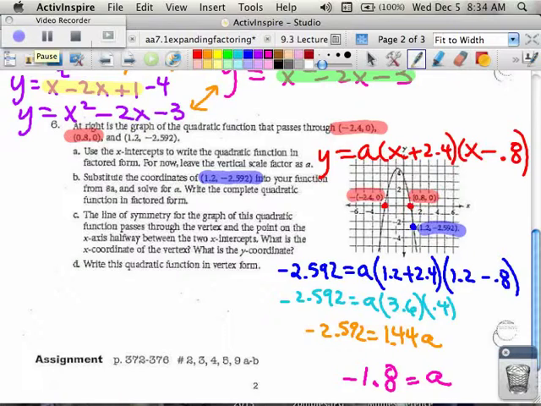So this information was that I'm now writing down a completed function in its factored form. All that means is that that red equation now turns into the pink equation, y equals negative 1.8 (x plus 2.4)(x minus 0.8). So all you've done is found the A value. A lot of algebra to do that A value. There you go.